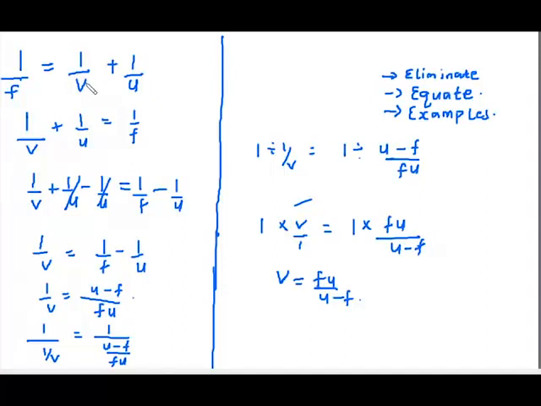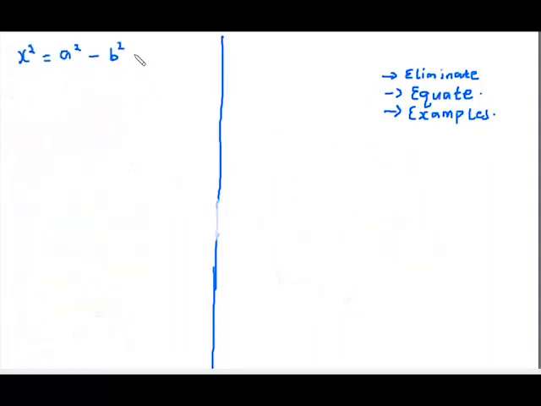Let's take another example. So this is the third example, and I would suggest that you make a the subject of formula. Pause this video and try to make a the subject of formula in this example.